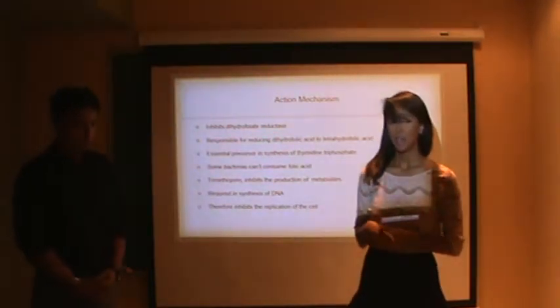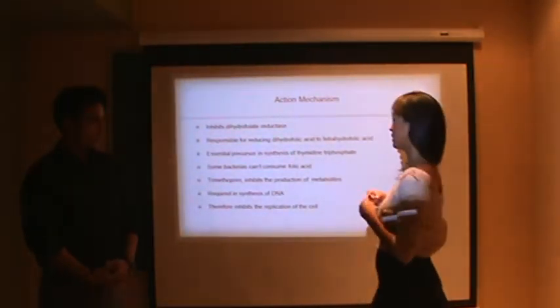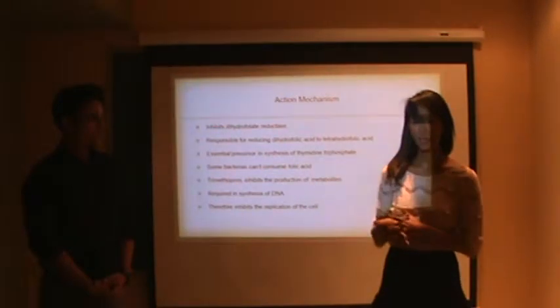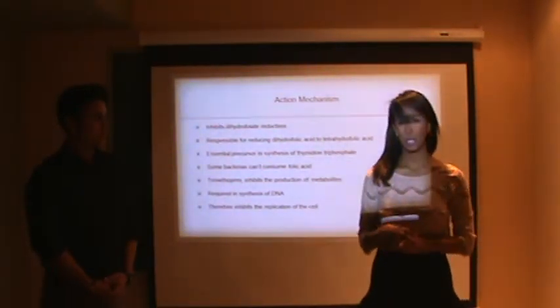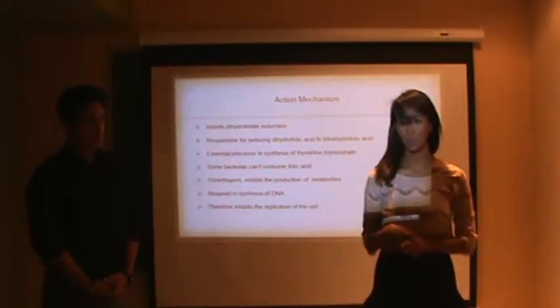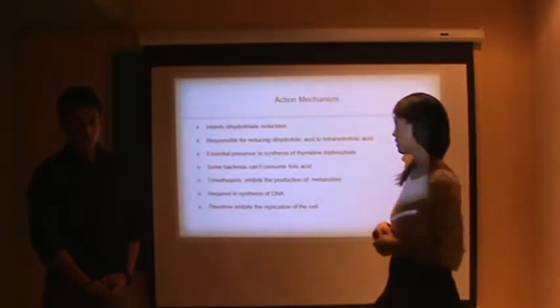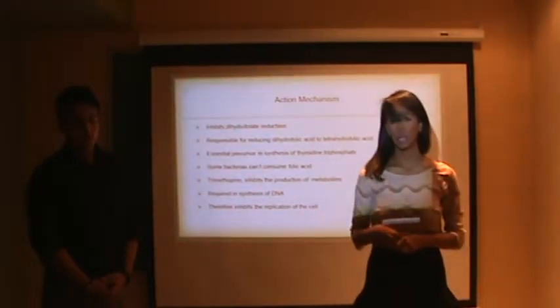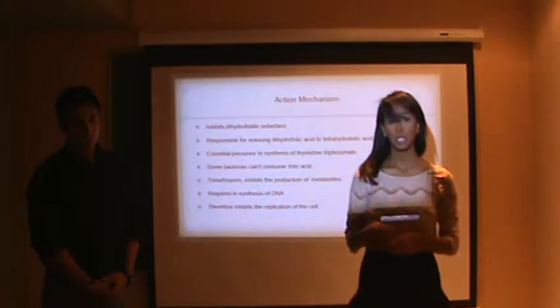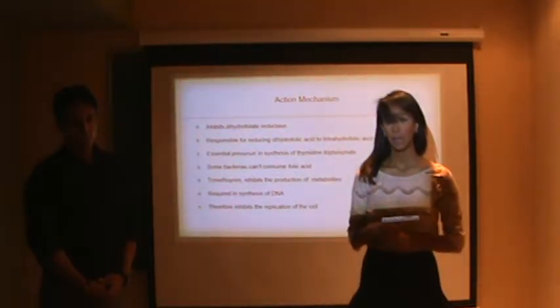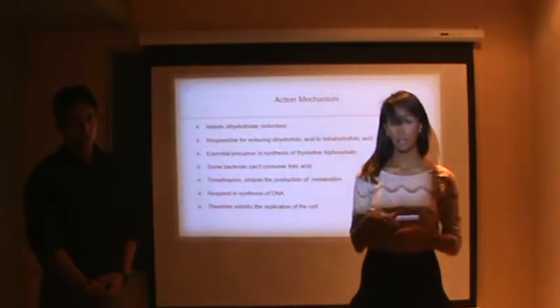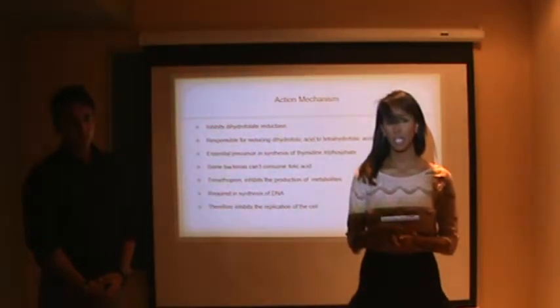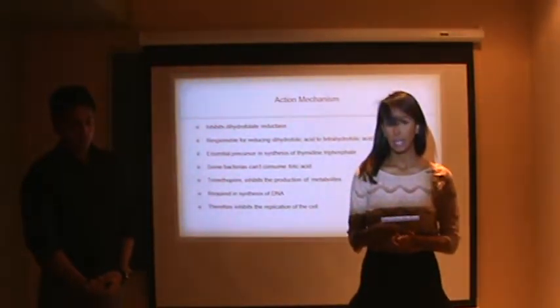Some bacteria cannot consume folic acid, which means that they depend on their metabolism to produce it. Trimethoprim inhibits the production of metabolites, which are required in the synthesis of DNA. Therefore, Trimethoprim inhibits the replication of the cell, so it dies.